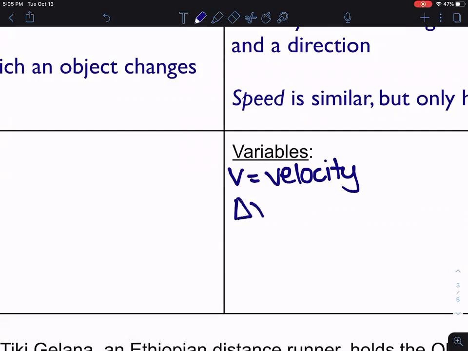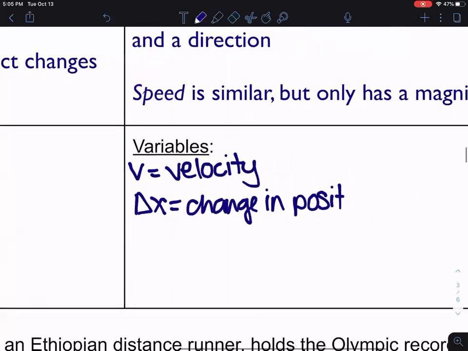We'll have delta X, which is our change in position. We also know that delta X is displacement, that's the same thing. And we have an equation for that. Delta X equals X final minus X initial. Our final position minus our initial position equals our change in position.